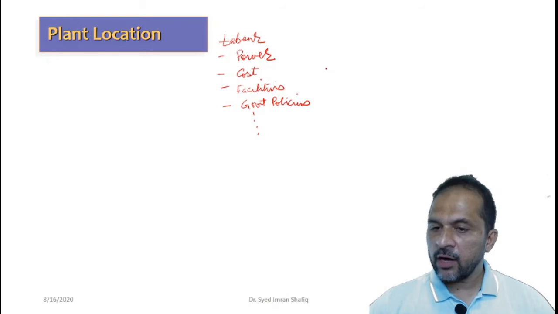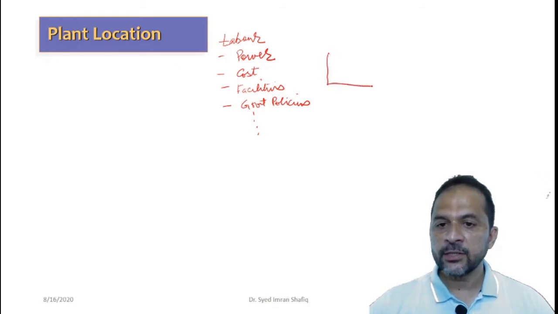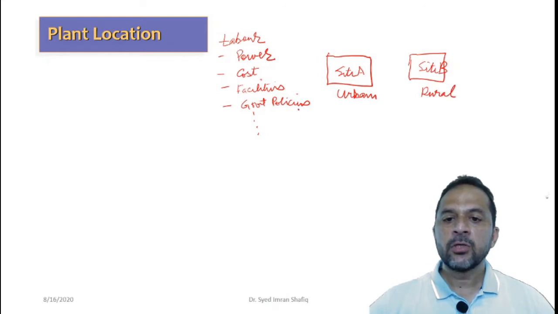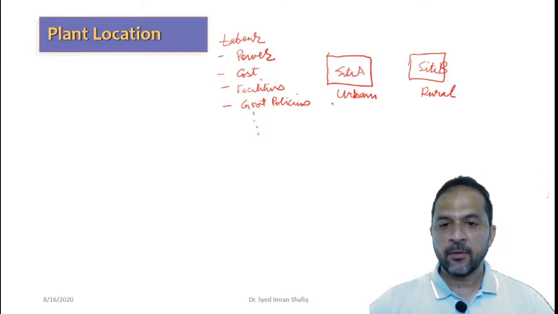Now suppose you have two sites, site A and site B. Site A is an urban location and site B is a rural region. There are some advantages and disadvantages of both the sites. For example, site A is well connected, connectivity is good.